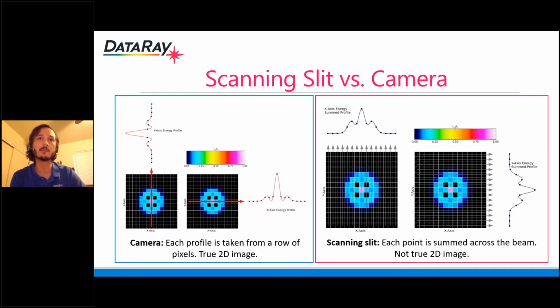So something really important to point out here is you'll notice on the right side, those little minimums, those little black dots where the intensity drops, they're not represented well in the scanning slit profile. This is because scanning slit profilers, when you have non-Gaussian behavior, higher order modes or hotspots, can mask this or not show it as well.